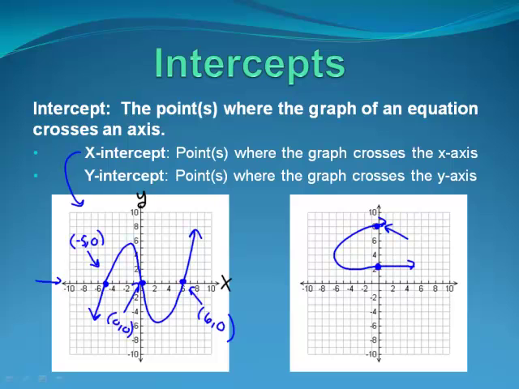All right, so the points where this curve crosses the y-axis would be from the origin 0 left or right and 8 up. Okay? So your x, y point would be 0 left or right and 8 up. This point right here would be 0 left or right and 2 up.